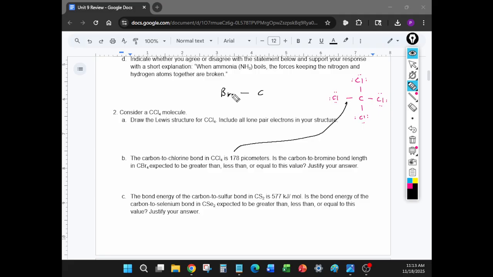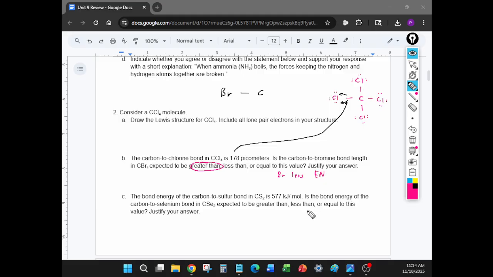So that means that bromine is going to share the electrons more. Now, if you think about it, if an atom is more electronegative and is pulling the electrons closer to itself, is that going to lengthen or shorten the bond? It's going to shorten the bond because it's holding the electrons tighter. So the answer will be that carbon-bromine is greater, because bromine is less electronegative.